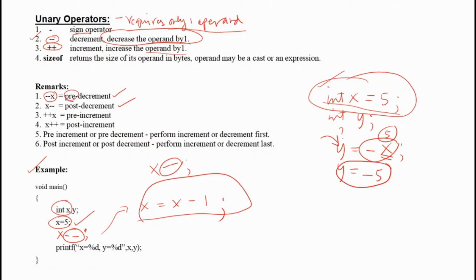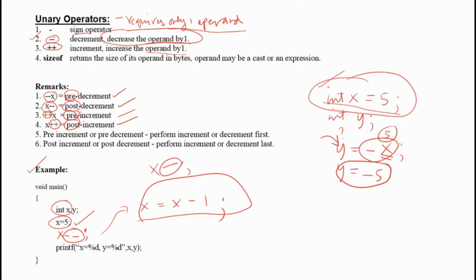For increment, when the increment operator is before the operand, we also call that pre-increment. And when the increment operator is after the operand, we call it post-increment.